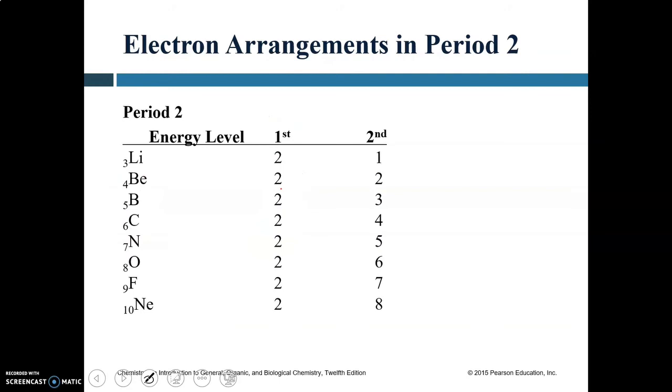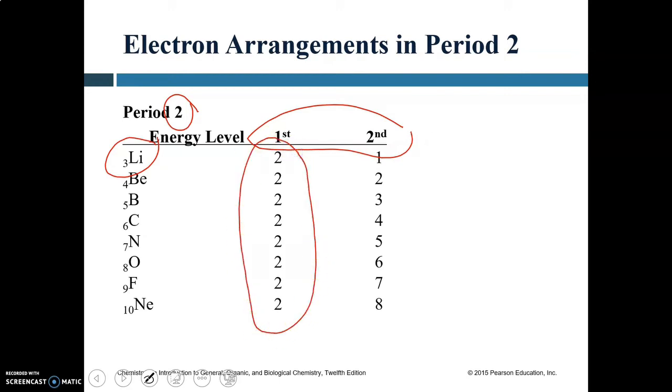So for instance, lithium, which is in the second period, and pay attention to this. Elements in the second period have 2 energy levels, and the first energy level is fully occupied by 2 electrons, and the number of electrons on the second energy level progressively increases from 1 to 8.